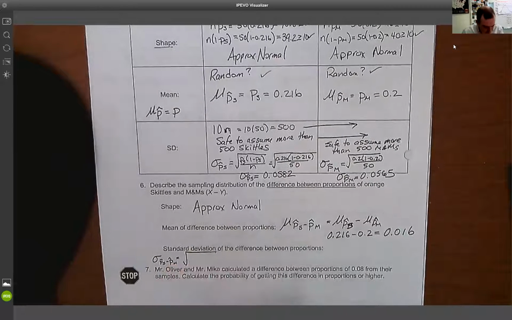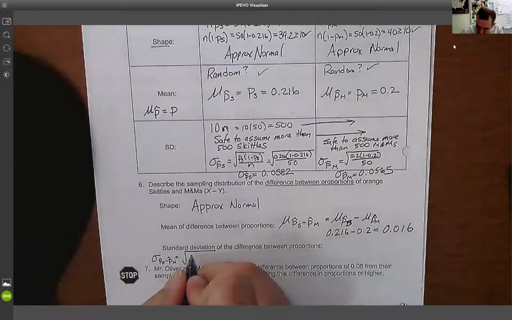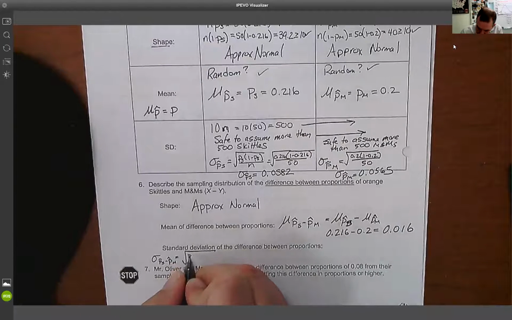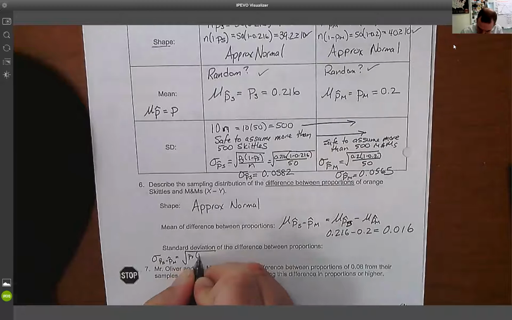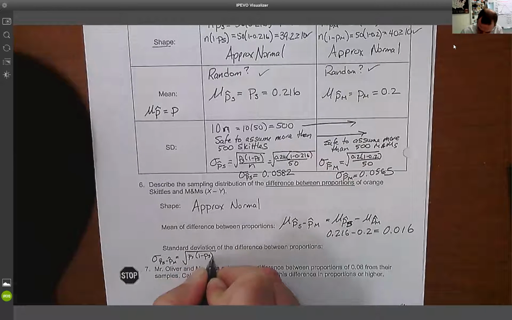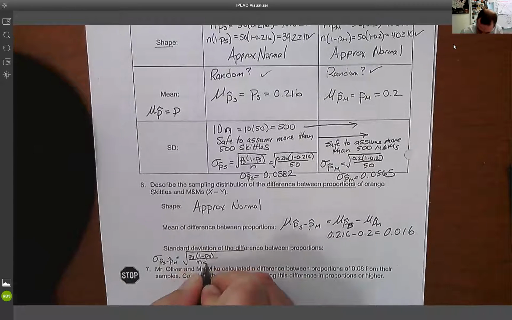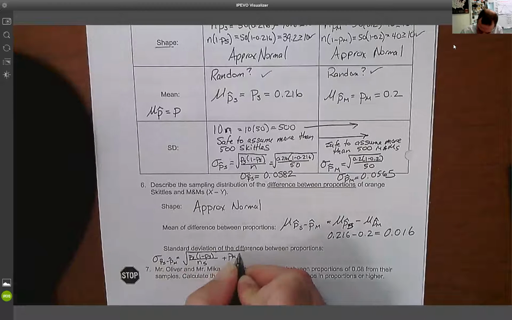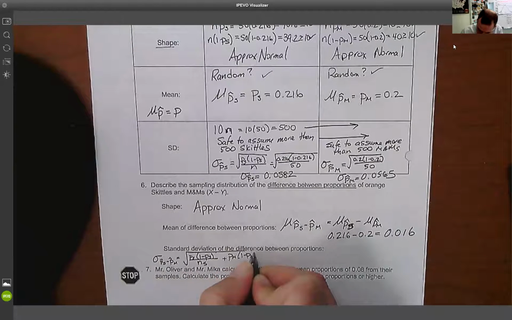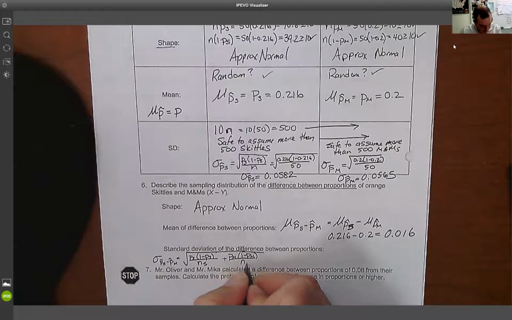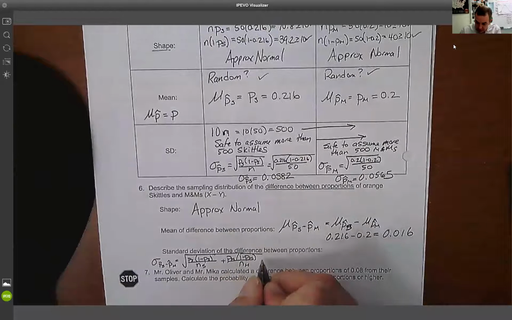We're going to take the square root of p-hat Skittles times 1 minus p-hat Skittles over n Skittles, plus p-hat M&M times 1 minus p-hat M&M over the sample size of M&Ms. So we're going to be plugging in some numbers.